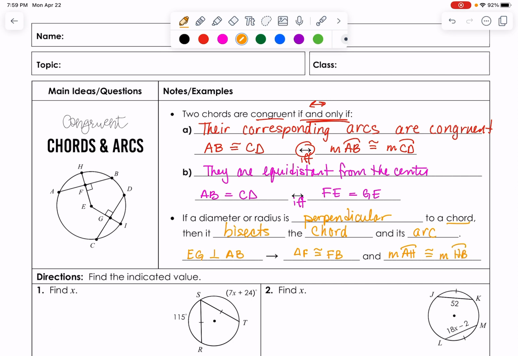So just by looking at the pictures, as soon as I see those perpendicular intersections, I know that these have to be the same, and these have to be the same, and everything about that becomes congruent.